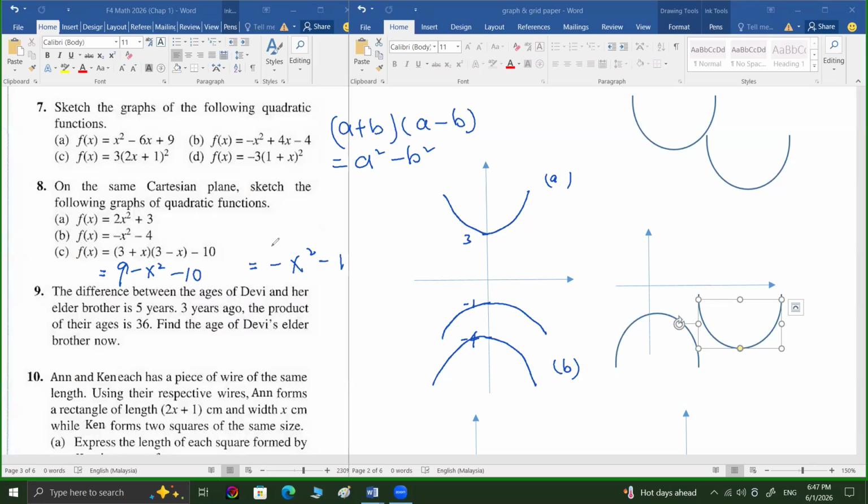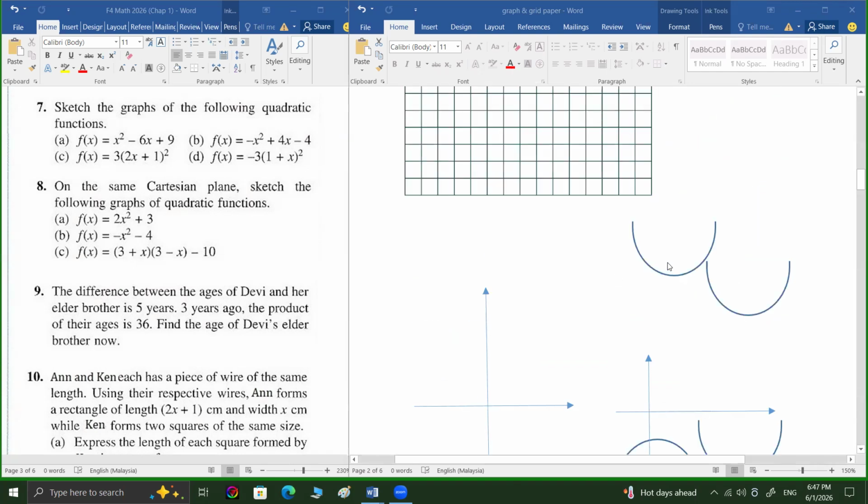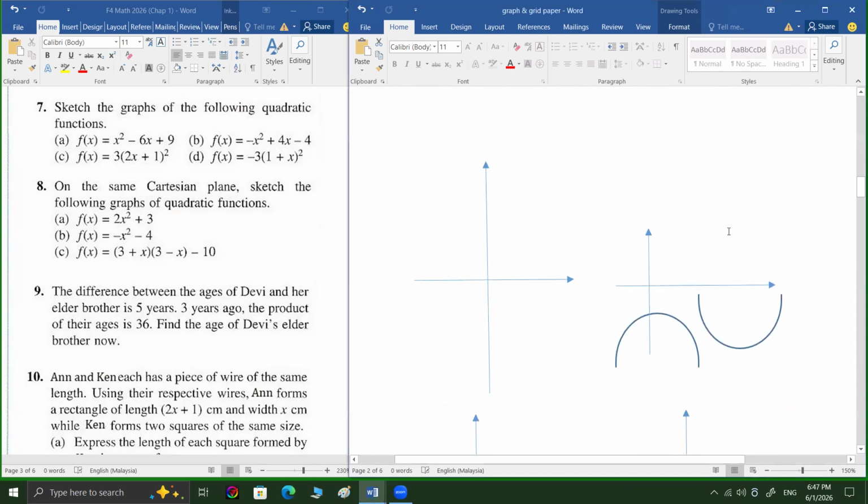Okay, got it? So class, before I continue the rest of the questions, I do one conclusion to show you how you are going to sketch all these graphs, and listen to me, class. First of all, we have one that cannot be factorized. It's like just now.